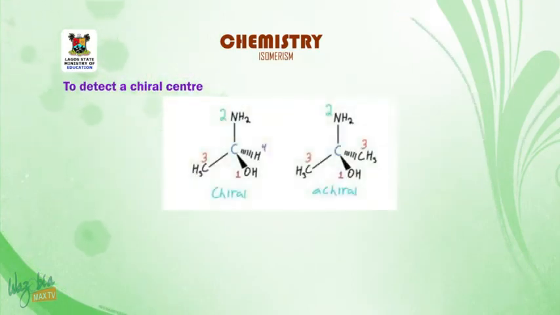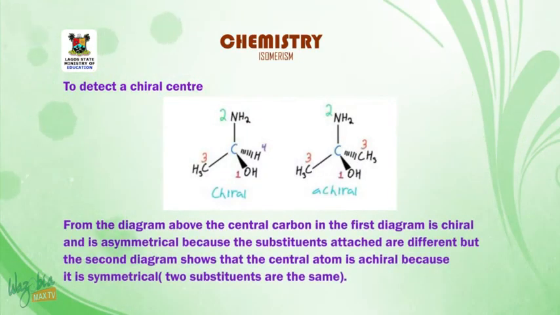So we can see the difference between chiral and achiral. The central atom of a chiral center is asymmetric because the substituents attached are different. But in an achiral molecule, the central atom is symmetrical, that is, 2 substituents are the same.